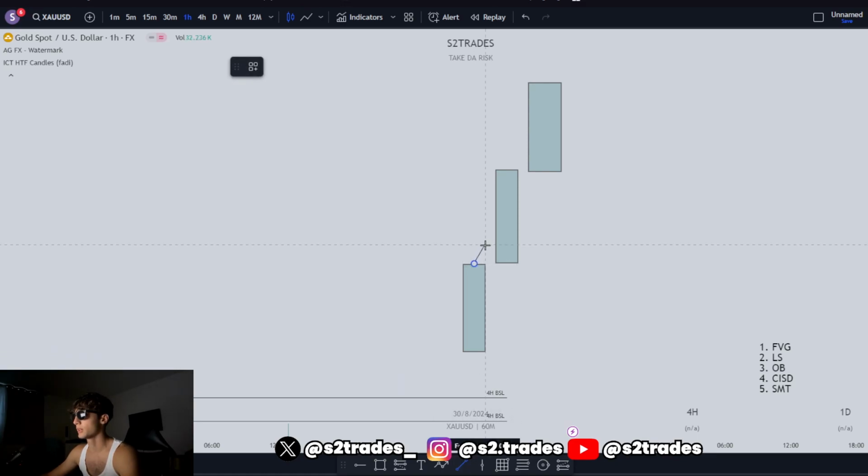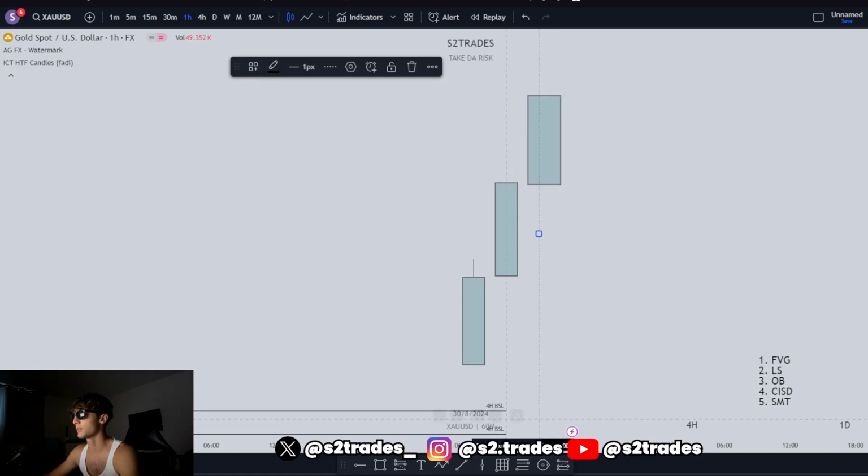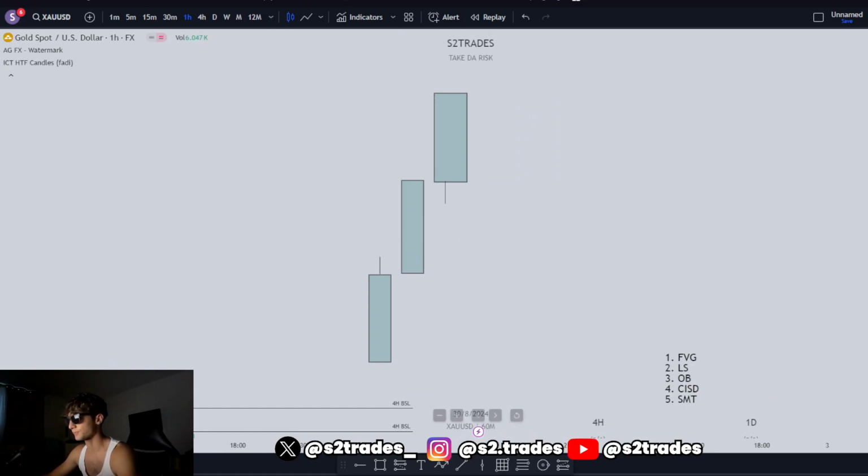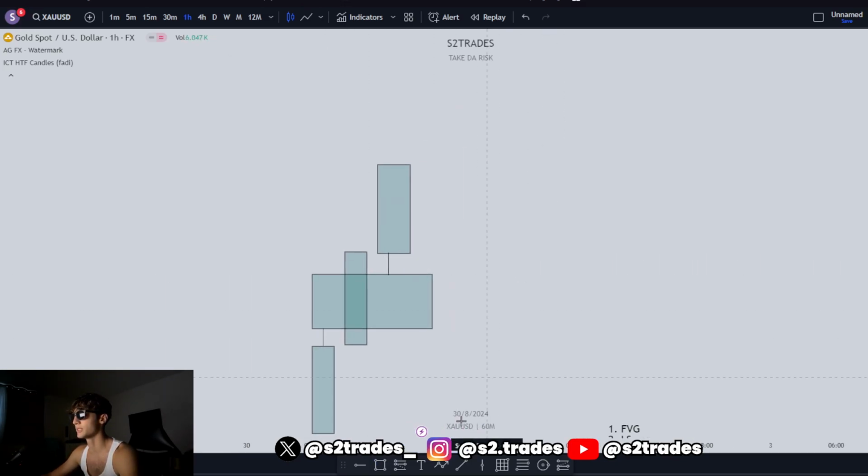This is a bullish FVG. Wait, not that. What am I doing, guys? Do you see how these candles, when you put them together, overlap, it does not meet together and it creates this gap.